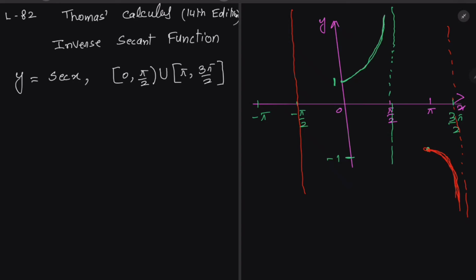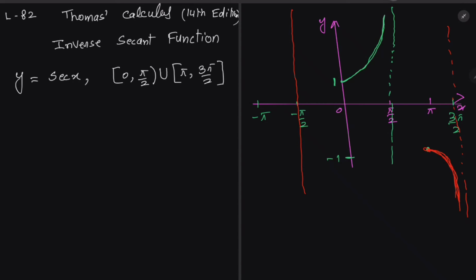The reason is it completes one complete oscillation in these two branches. That's why we took these two domains. One domain is 0 to pi by 2 and another is pi to 3 pi by 2. It repeats everything afterwards.